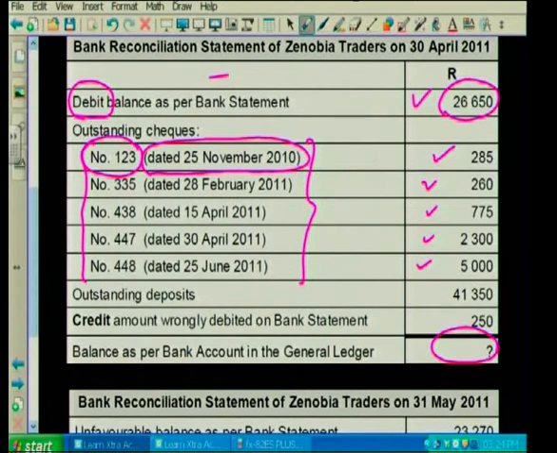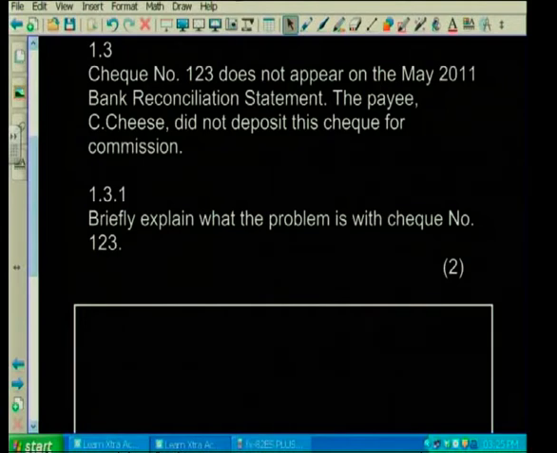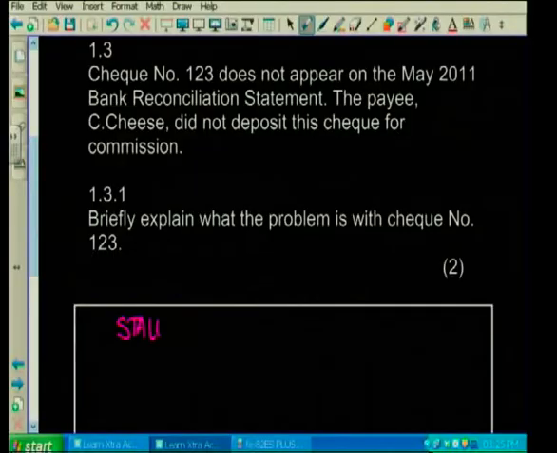This check has appeared in 6 consecutive bank reconciliation statements. And you do know that once a check is older than 6 months, what happens to it? Come on, guys. Yes, this is what we call a stale check.